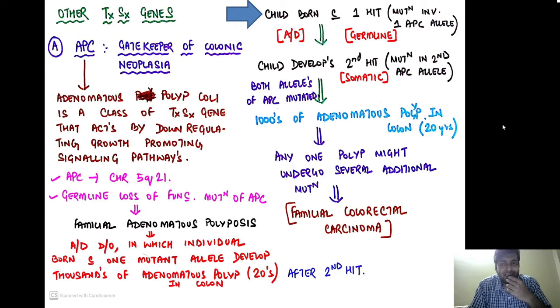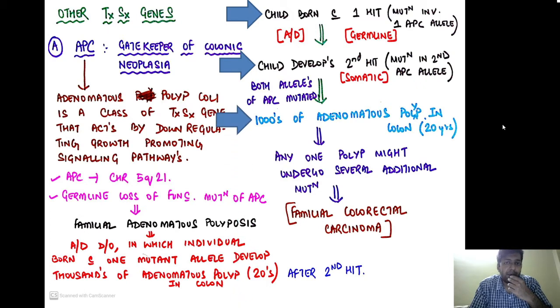This is a germline mutation, inheritable in an autosomal dominant manner. This is followed by the development of the second hit. Remember, the second hit is the somatic mutation taking place in the second APC allele.